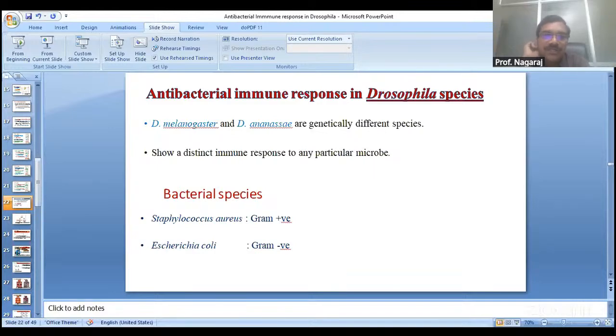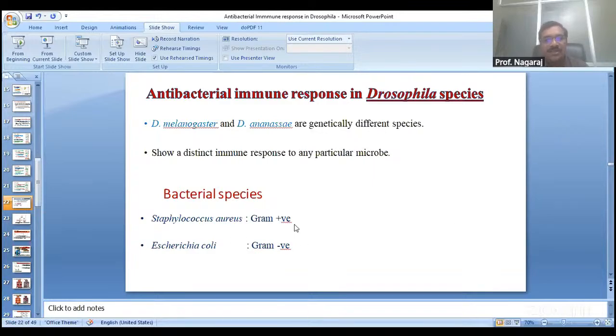To address this issue, we chose two different fly species. One is melanogaster and the other is ananassae. They are genetically different species with a different genetic makeup, and they show a distinct immune response to any particular microbe. And we used two different bacterial strains.